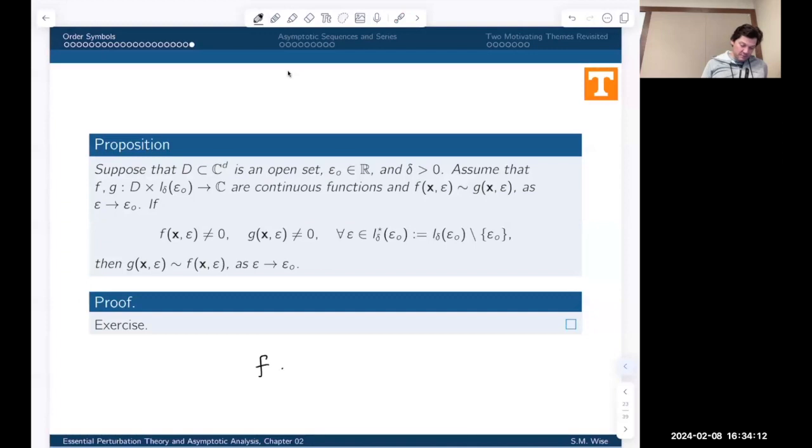Tell me in words. F is asymptotic to G, and G is asymptotic to H as epsilon goes to epsilon naught. That should imply that F is asymptotic to H.